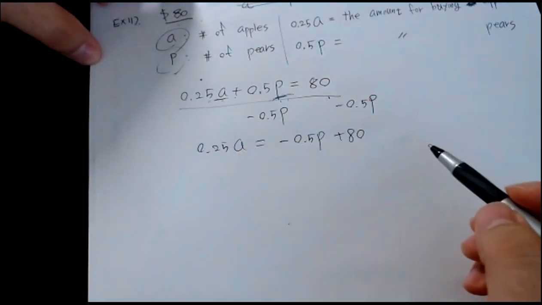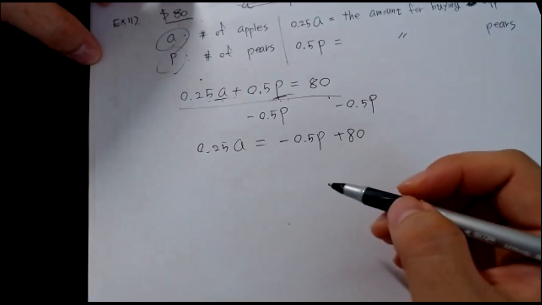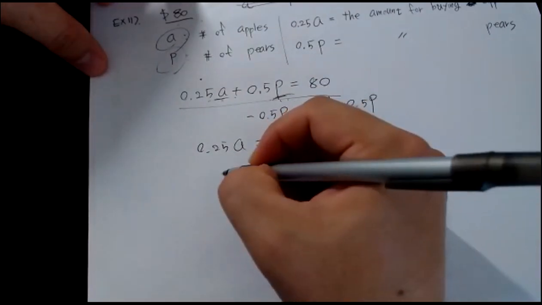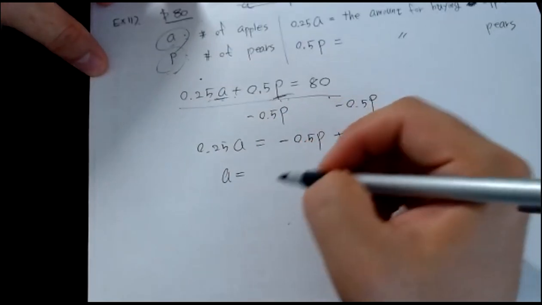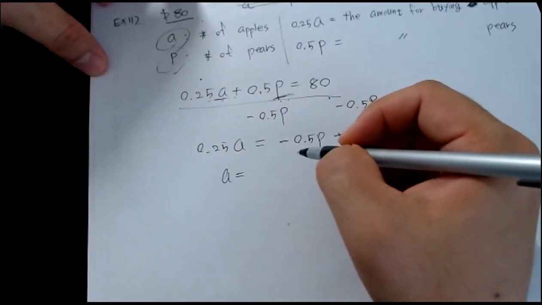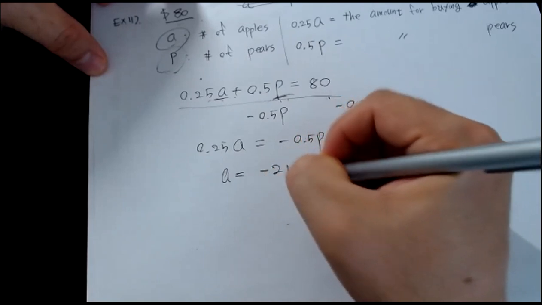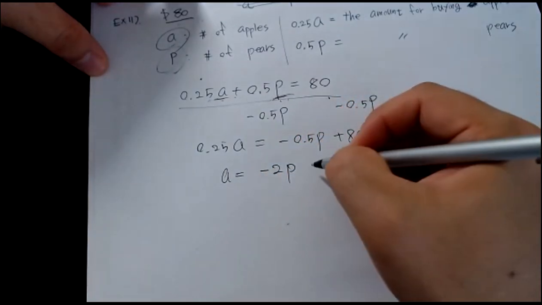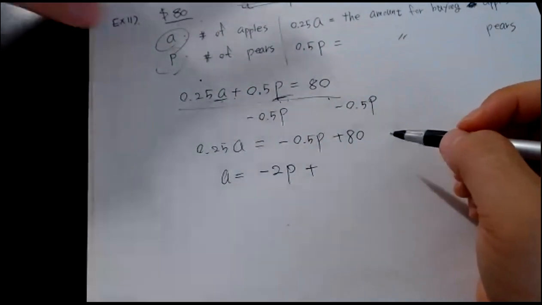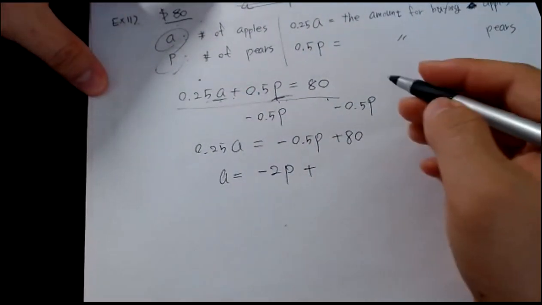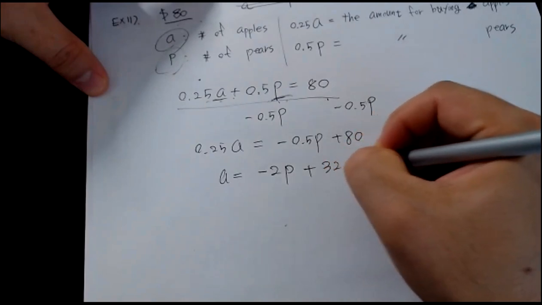Then we divide by 0.25. So A is equal to negative 0.5 divided by 0.25, which is negative 2P, plus 80 divided by 0.25. You can use a calculator, you don't have to do it by hand. 80 divided by 0.25 is 320.